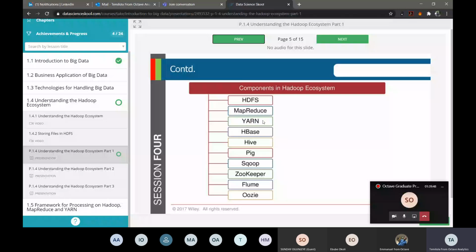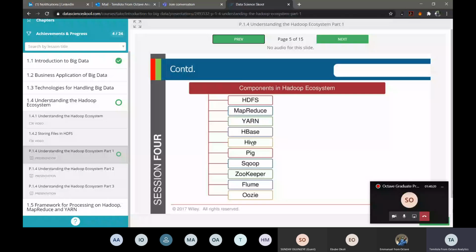There are even maybe newer technologies that we have not taken into account yet that are regarded as components of the Hadoop ecosystem. But for the purpose of the DASCA certification, this is what they consider the components of your Hadoop ecosystem. Like I said, you have the three major ones: HDFS, MapReduce, and YARN.